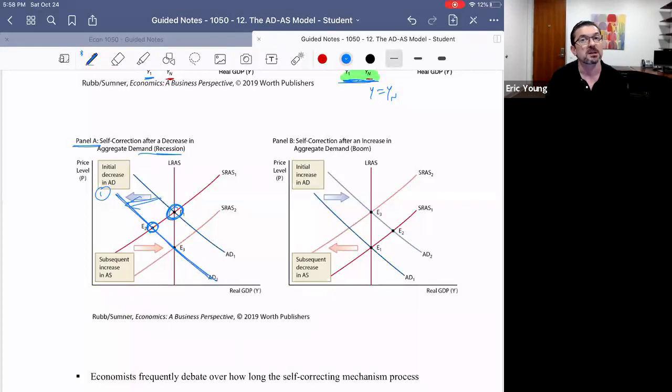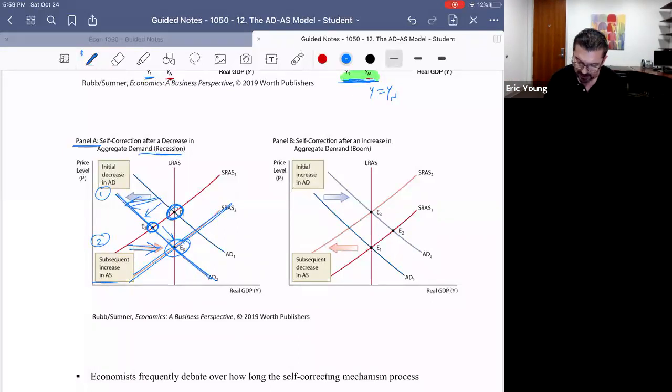But again, because of the recessionary gap, because of the higher unemployment, wage levels over time will fall, prices will fall, they'll adjust in the long run, and that adjustment, point number 2, will increase AS, getting us over here and bringing us back here. So we go 1 and then 2.